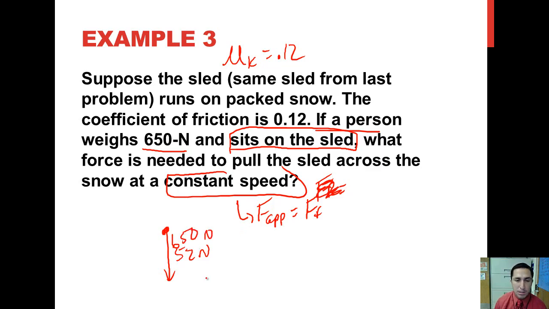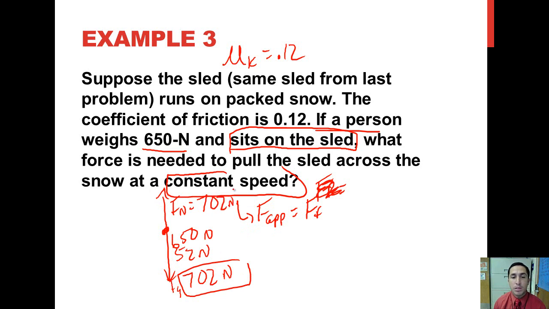So you got 650 plus 52. That's going to equal 702 newtons. That's the force of gravity on it. This sled is on snow, so there is a normal force. That normal force is 702 as well. And we don't know what the friction force is, but we know that there will be friction, and we don't know what the force applied is.